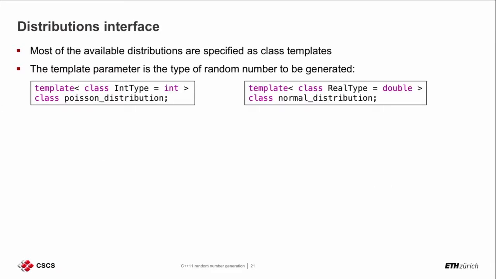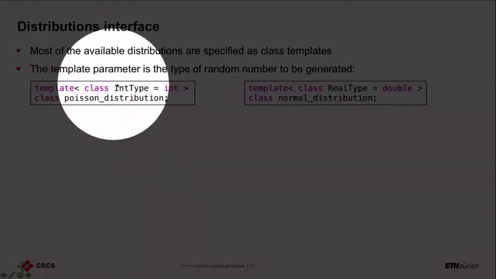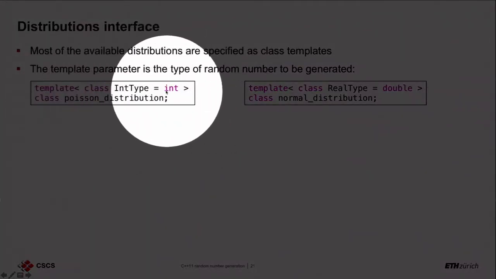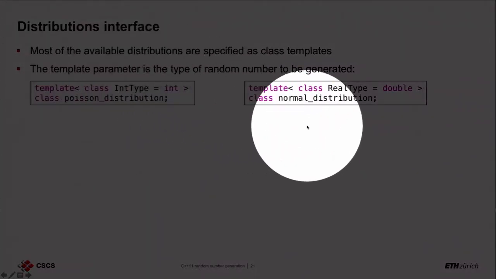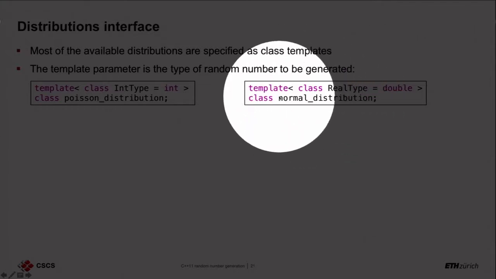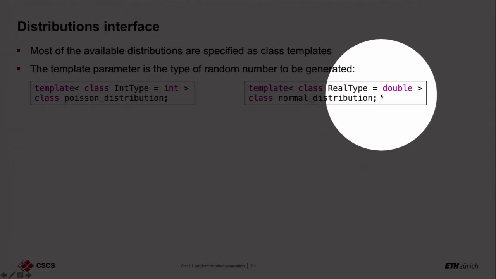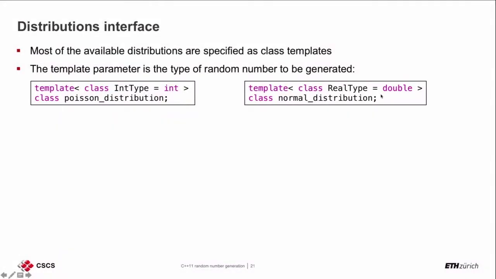The interface of these distribution objects is common for all these cases. Basically, they are templated in most cases on the type that will be returned when you do the generation. So for the Poisson distribution, the default case for the template parameter is an integer. And for the normal distribution, the default case, if you don't specify that you want something else, is a double.